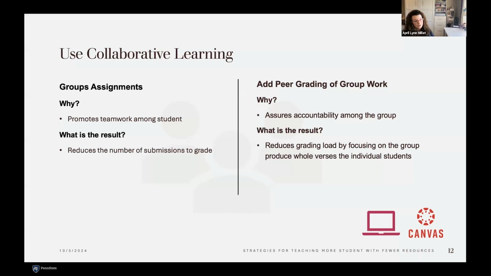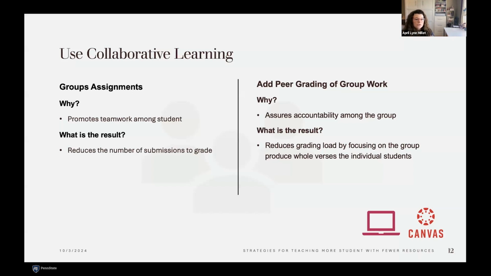For faculty, the group projects reduce the number of submissions that they have to grade. So if you've got 30 students and you put them in 5-person teams, you're grading 6 projects instead of 30.